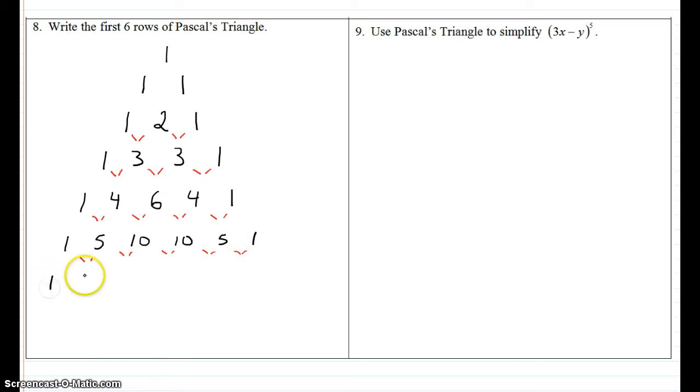So we get 1, 6, 15, 20, 15, 6, 1. And so now I like to draw these lines.